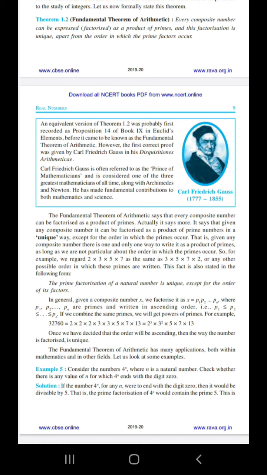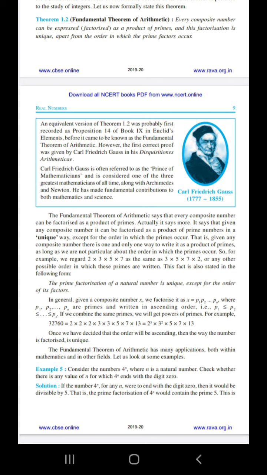Once again, every composite number can be expressed or factorized as a product of primes, and this factorization is unique apart from the order in which the prime factors occur. Is that clear, dear children? That is, every composite number we can factorize, then that factorization is unique apart from the order. There may be a change in order, but while writing in ascending order, that also will be the same, or unique.